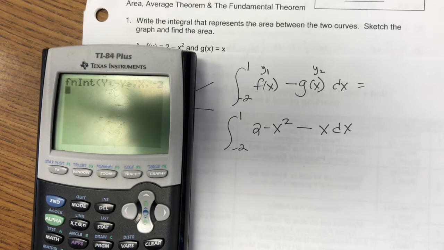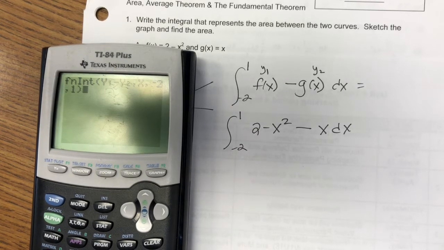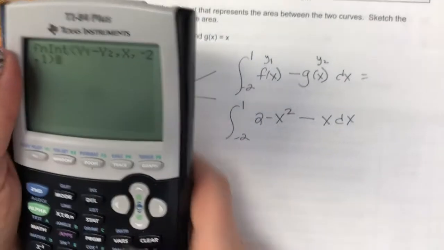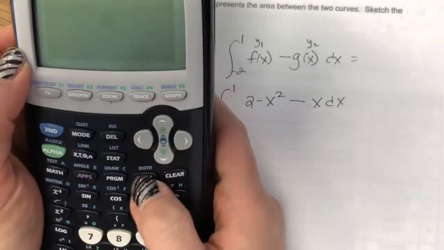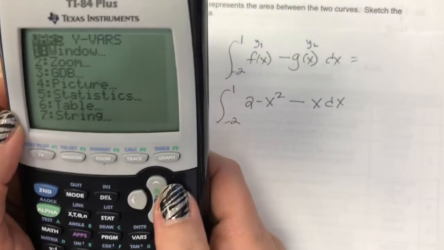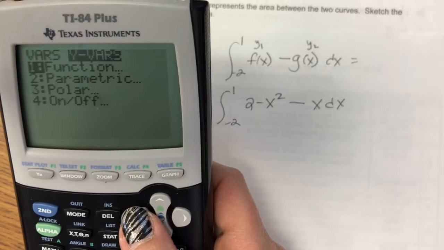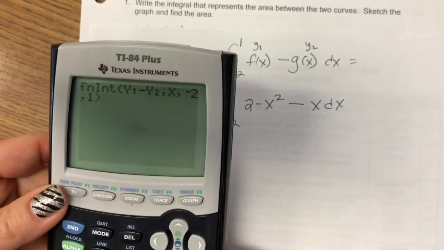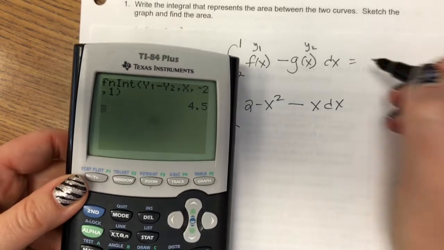If you have a new calculator, put the pieces in the right part of the function notation. So to get the y1 and the y2, you do the vars button, you arrow over to y vars and do function, and then you pick your y1 or y2. So the integral is 4.5.